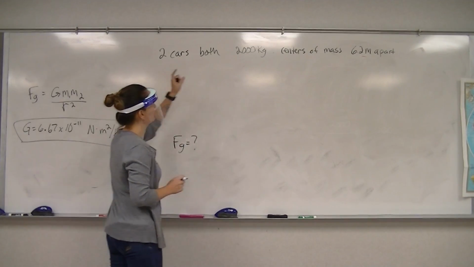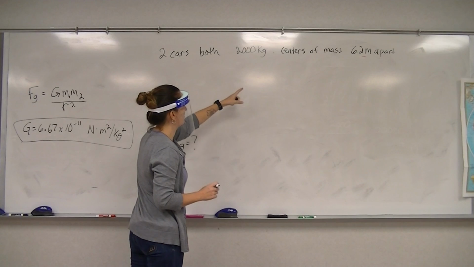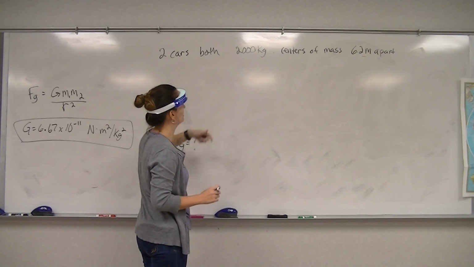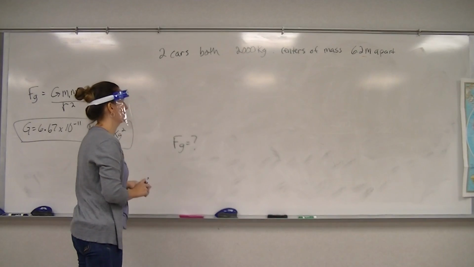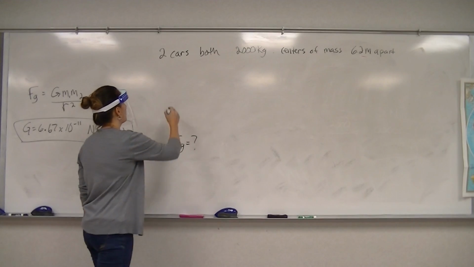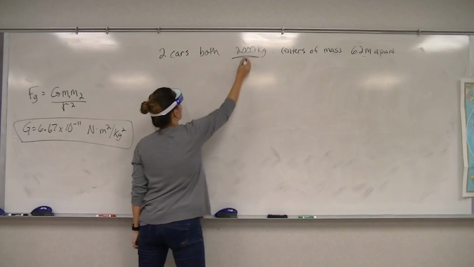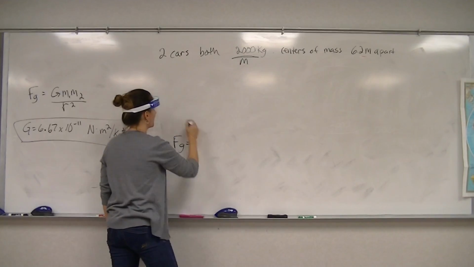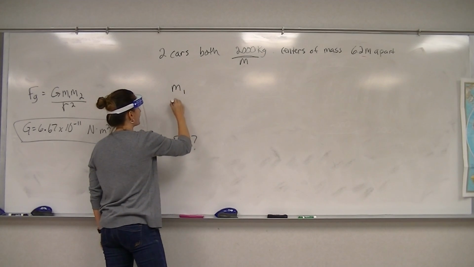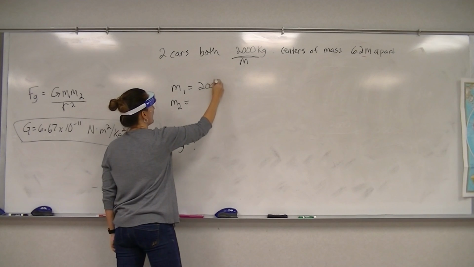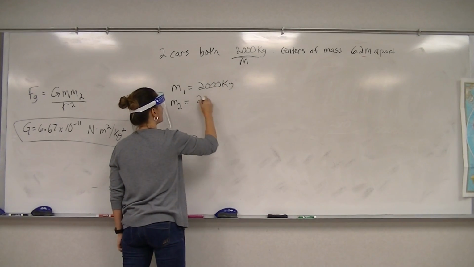So we have car 1, 2,000 kilograms, parked close to car 2, which also has a mass of 2,000 kilograms. So kilograms is a mass, right? That's our M. Since both cars have the same mass, our M1 and our M2 are both 2,000 kilograms.